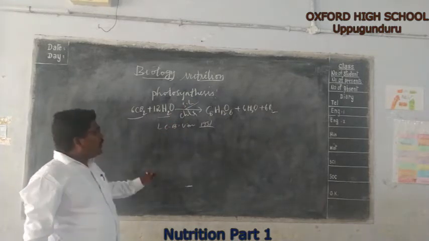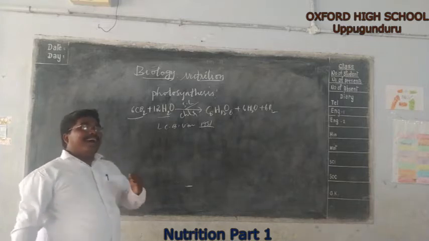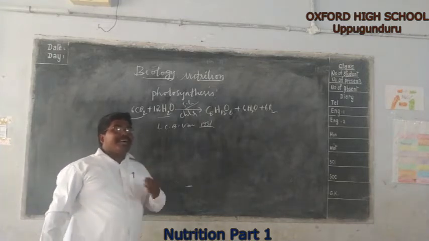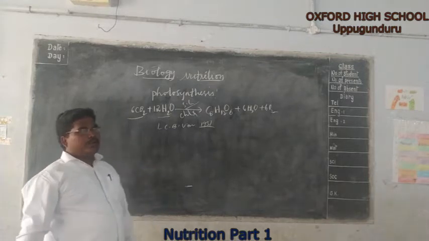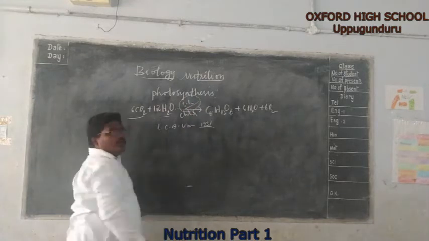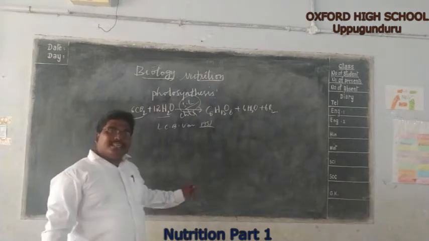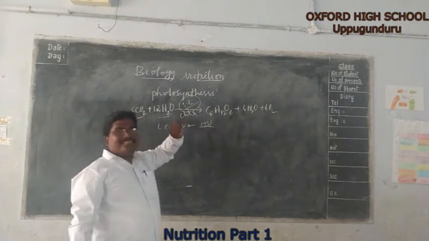Now I am going to explain the mechanism of photosynthesis. Sunlight is very important for photosynthesis, as we have already discussed with the experiment.